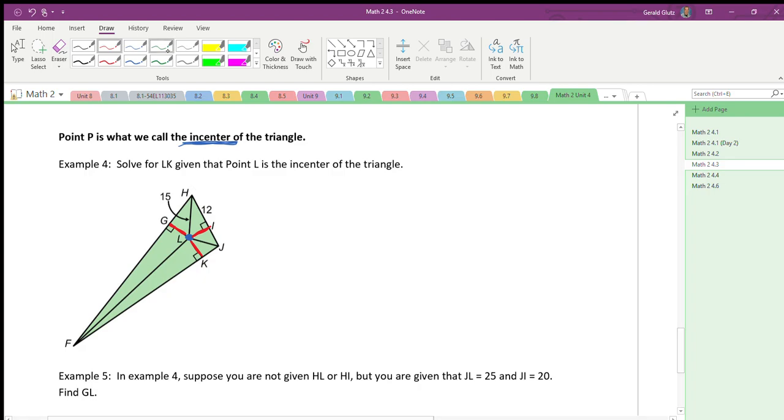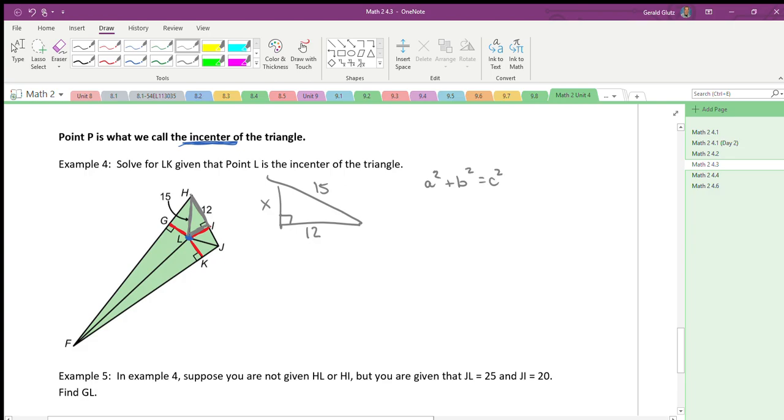Notice that if I look at this triangle, I'm just going to redraw it over here. I have a right triangle. This is the side I don't know, that's LI. This side is 12. This side is 15. So I have a right triangle and I know two of the sides. To find the third one, I can use the Pythagorean theorem: a squared plus b squared equals c squared.